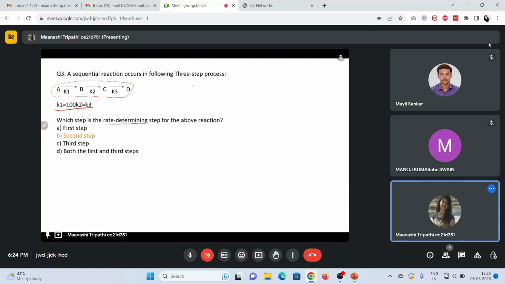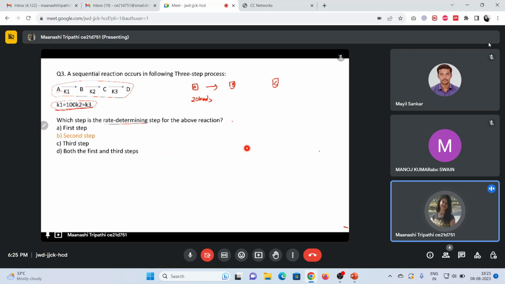3 cars. This car is moving at the speed of 20 km per hour, from A to B to C, and from this equation we can see K1 is 100 times K2.